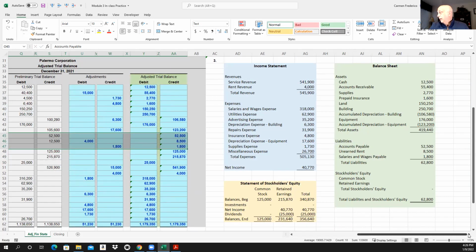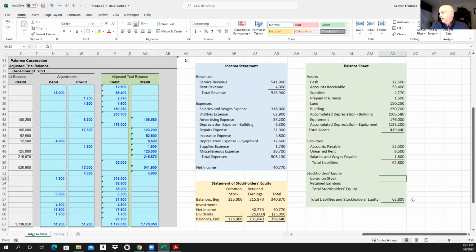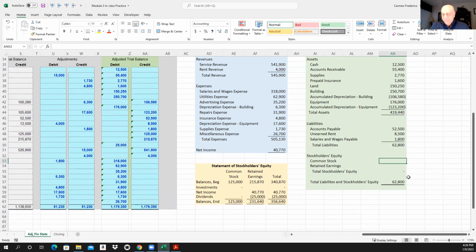Okay. So now we have common stock. Where do we get that information? Right from our stockholders' equity statement. Well, actually, you can get it from there, or it's probably better to just get it from the trial balance. Either way. Now, retained earnings, we can't take the trial balance retained earnings because we have all these dividends and revenue minus expenses factored in.